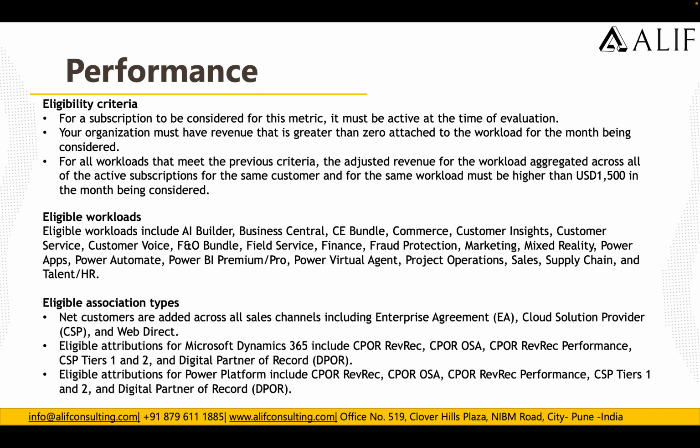Your organization must have revenue greater than zero attached to the workload for the month being considered. For all the workloads that meet the previous criteria, the adjusted revenue for the workload aggregated across all the active subscriptions for the same customer and the same workload must be higher than $1,500 in the month being considered. Now the leasable workloads, right?